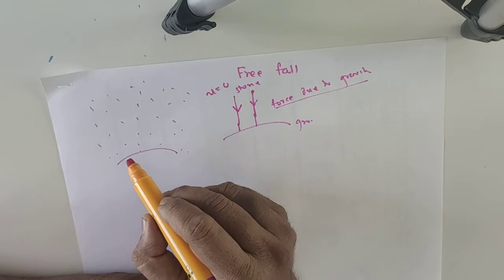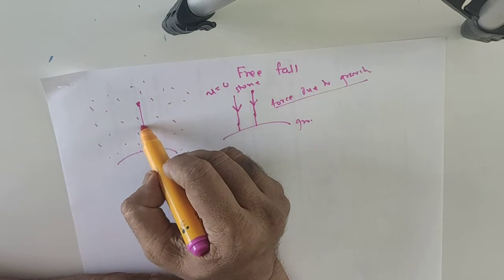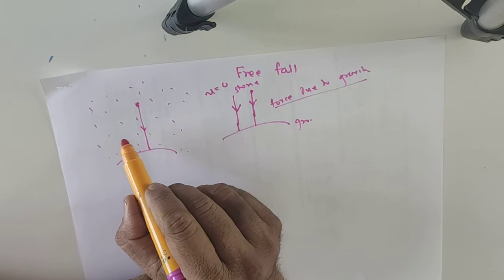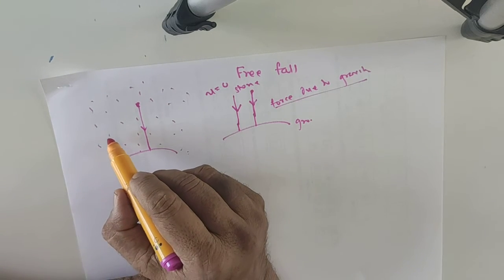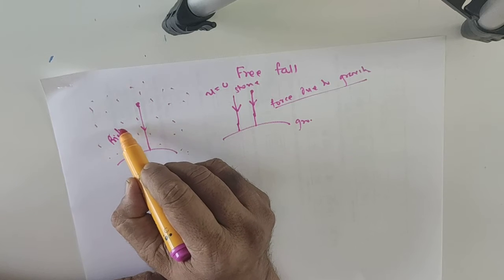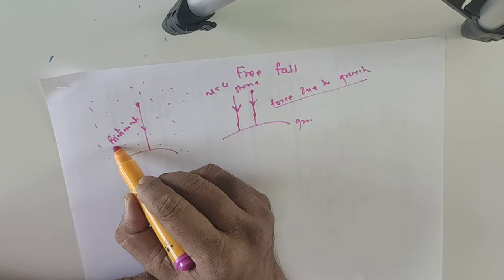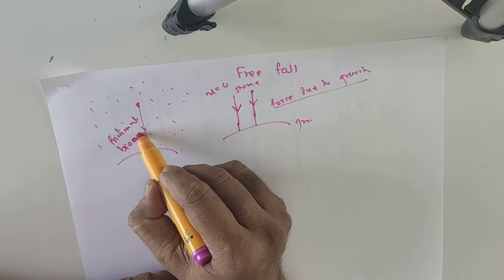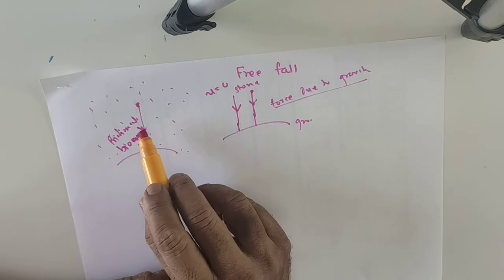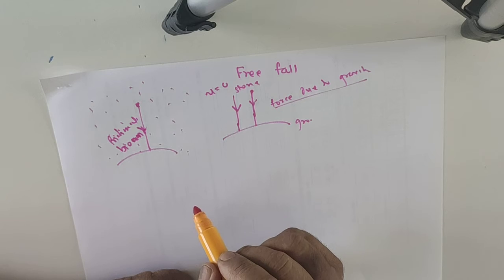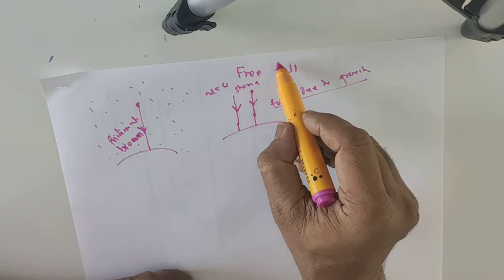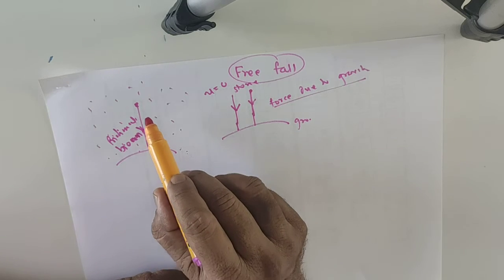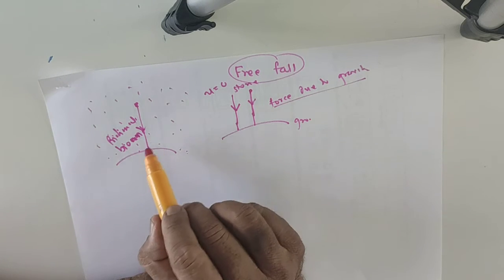Hence, when a stone is released, there are many types of frictional force, buoyant force, which oppose this velocity. Therefore, free fall does not easily occur in this situation.